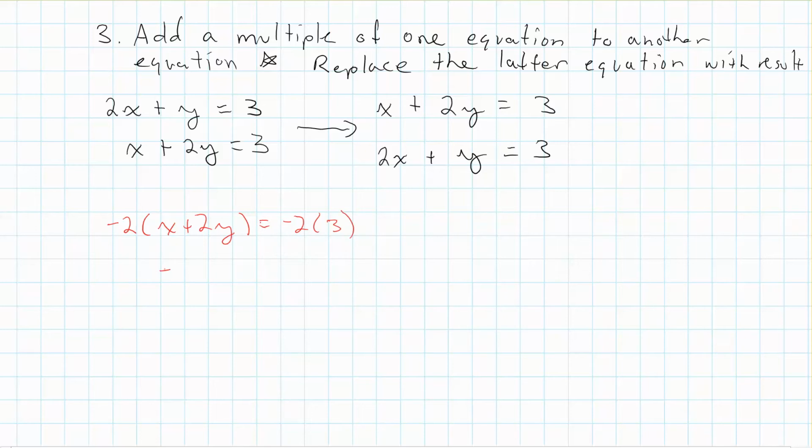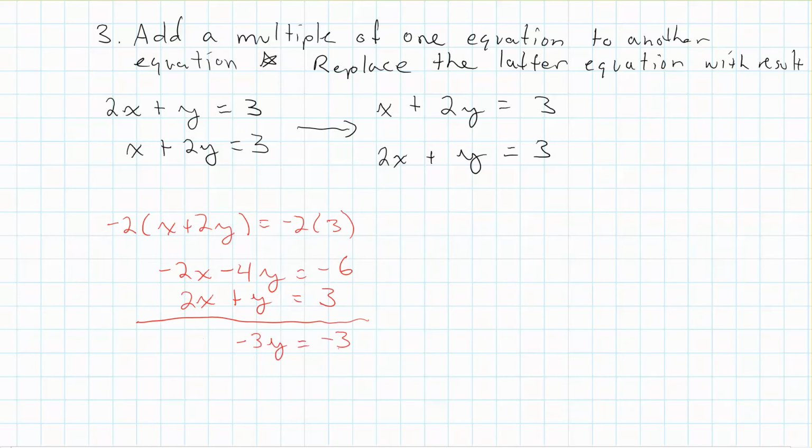So this would be -2x minus 4y equals -6. And then I have 2x plus y equals 3. I'm going to add these 2 equations together, and so this is going to be 0x, and then I'd have -3y is equal to -3.